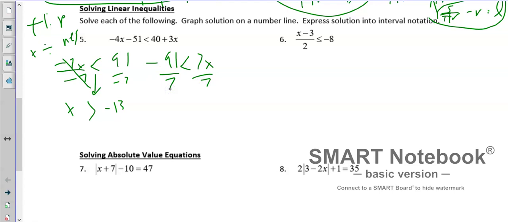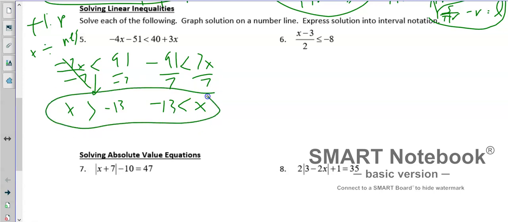Now, there's no flipping. Just because there's a negative in the problem somewhere, the coefficient's not. So notice what happens. I get x greater than negative 13 or negative 13 less than x. These are both the same statement. We always read from the x. So these are both x is greater than statements.